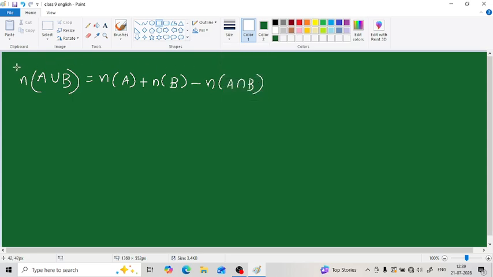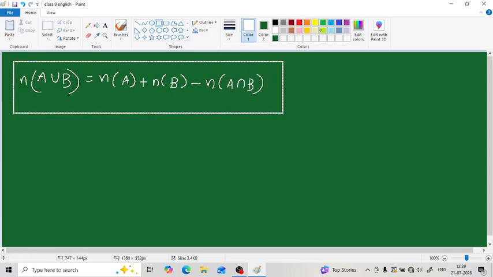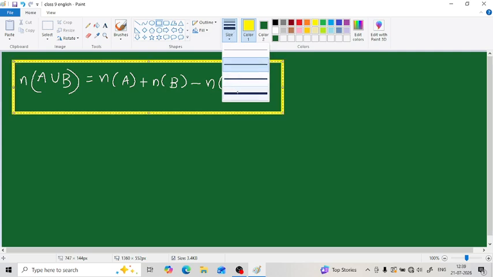We need this equation for doing almost every question of this exercise. N of A union B equals N of A plus N of B minus N of A intersection B.